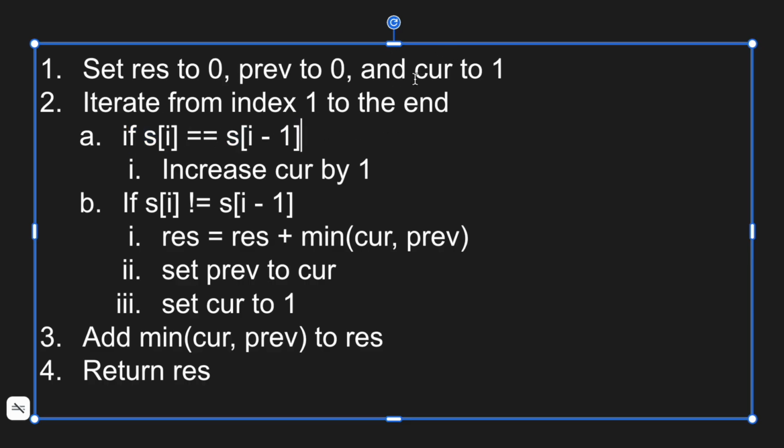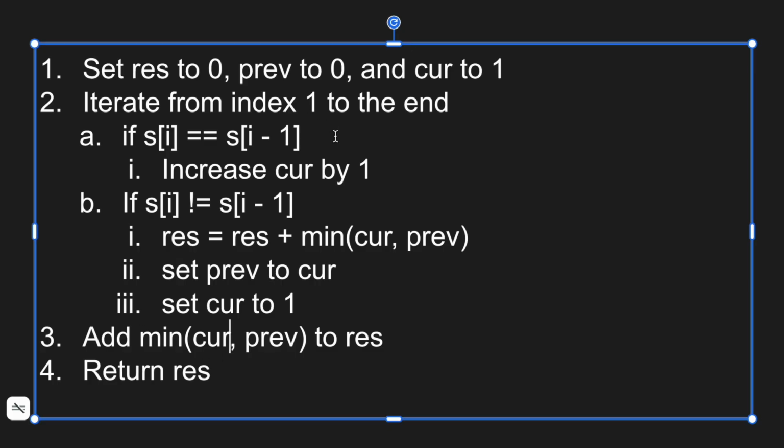If it is, then we are continuing the sequence of consecutive zeros or consecutive ones, whichever it is, so we increase current by 1. Now if they are different, then we will add the minimum of current or previous to the result that we initialized here. After we do that, we need to set previous to current because now zeros and ones are alternating, and then we set current to 1 because the new sequence would be started at 1.